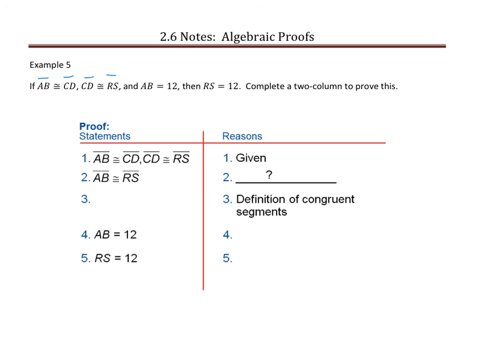So AB is congruent to CD, CD is congruent to RS, that's been given to us. AB is congruent to RS. So this is a classic example: A equals B and B equals C, therefore A equals C. So that's all we're doing. We're transferring this value across 3 entities, and we call that the transitive property of equality.